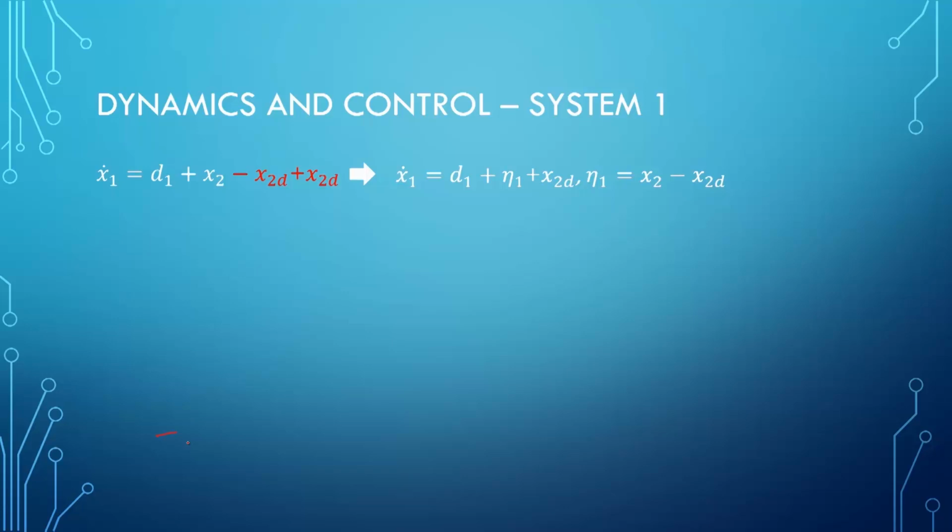And that can be rewritten into this form, okay? And eta 1 is the difference between x2 and x2d. And in here, x2d is the virtual control input.